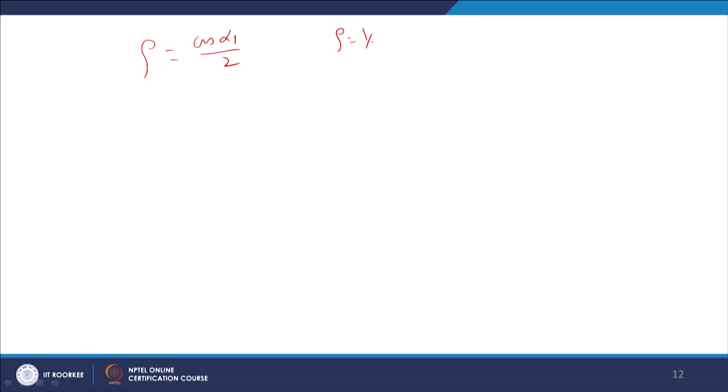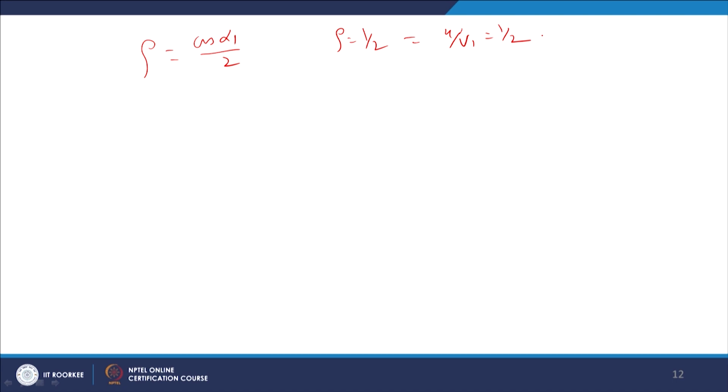Now, when rho is equal to cos alpha 1 by 2, if alpha 1 is 0, then we get rho equal to 1 by 2, that is u by V1 equal to half.